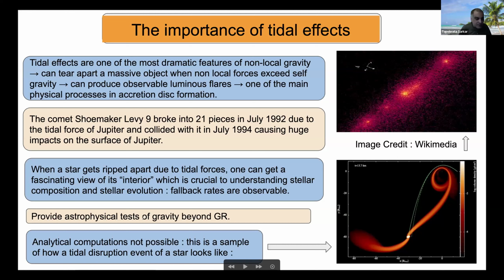When you go to theories beyond GR, technically when the Vainshtein mechanism is partially broken, some of these theories may have distinct imprints in the hydrostatic pressure balance condition inside stars.